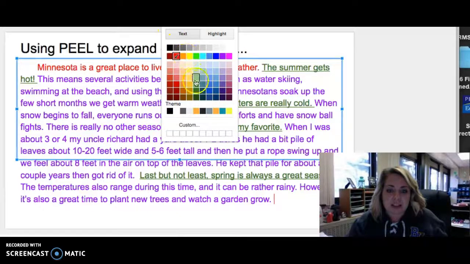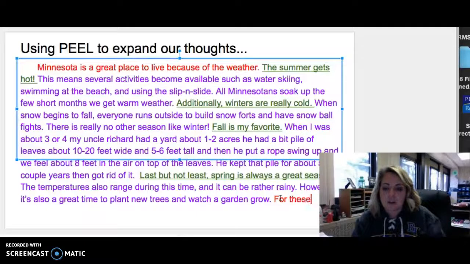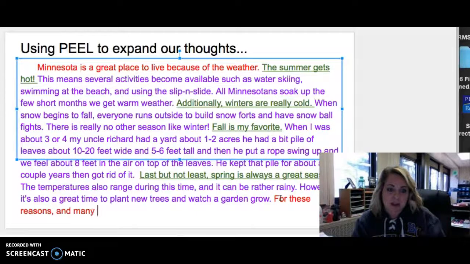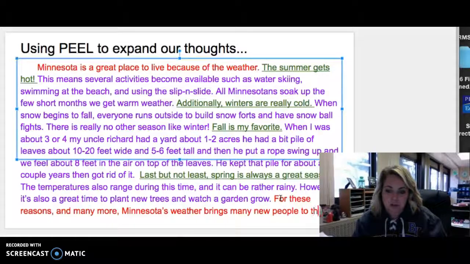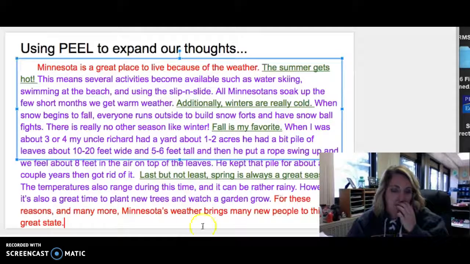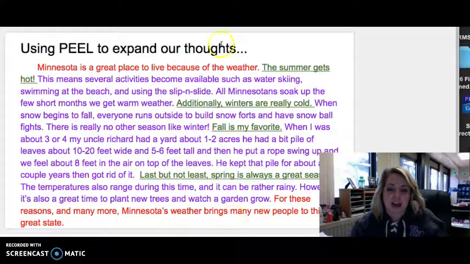But you could say something like, for these reasons and many more, Minnesota's weather brings many new people to this great state. Okay, so again, I'm reinforcing the idea that it's the weather that makes Minnesota so great. And I close off this thought and I move on to the next paragraph.